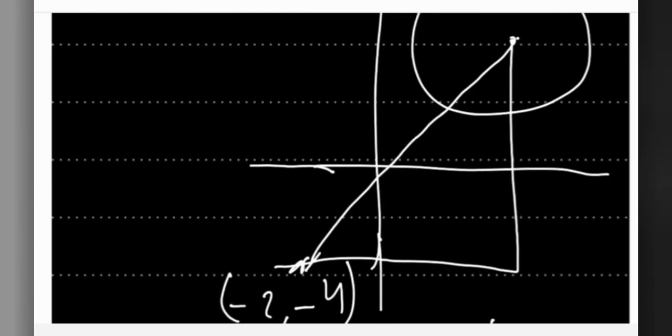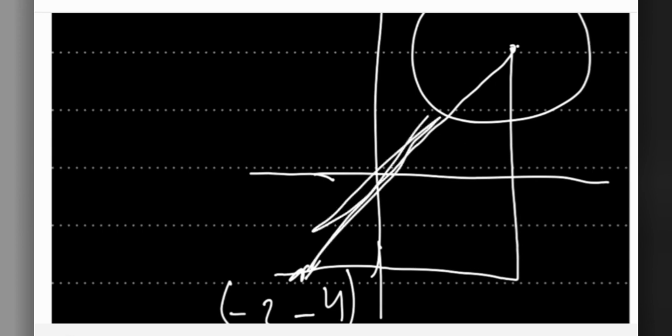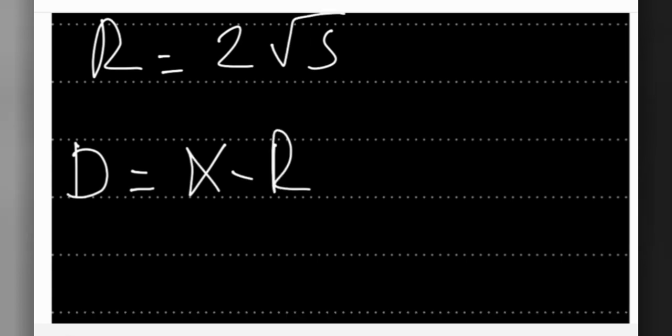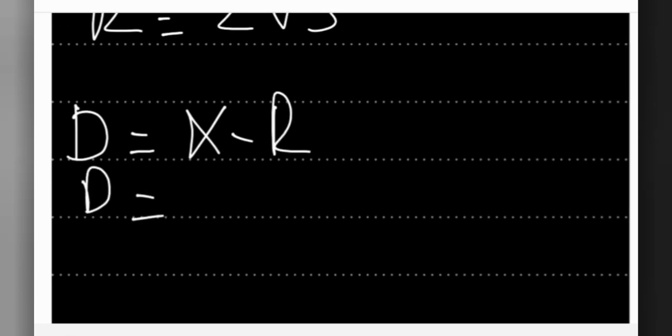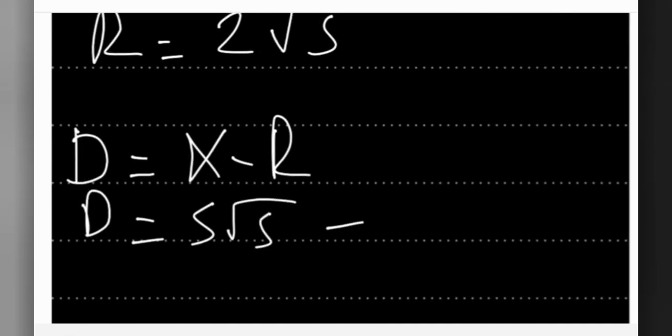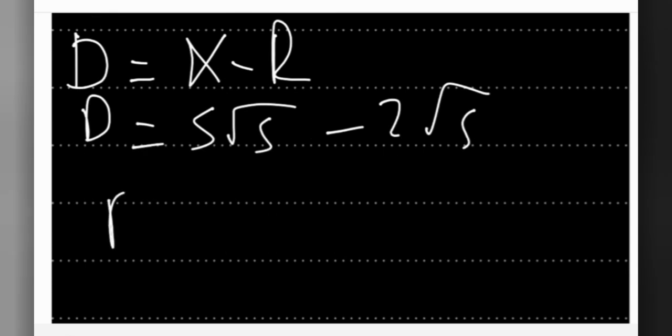Now look, remember, our distance is the total minus the radius. So d is equal to x minus r. x was 5 square root of 5 minus r, 2 square root of 5. So d would be equal to 3 square root of 5.